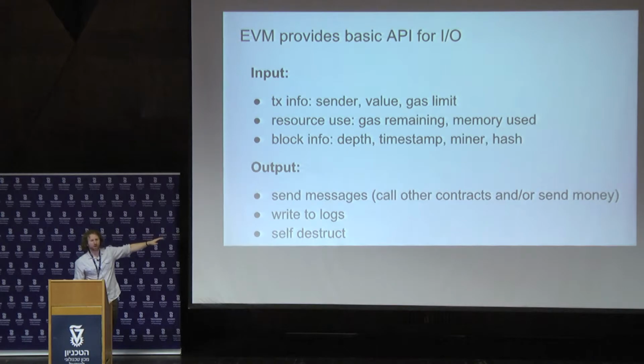And the output, this is what your contract can actually do that's useful. Well, you can write to logs. That's actually not very useful. It's really just for debugging or informational purposes, but doesn't really cause anything to happen besides some data being written out. What's actually meaningful that you can do is send messages to other contracts. The reason that's meaningful is because you can cause other contracts to run some code, or you can send them money. Or I guess you can do both at the same time if you want.